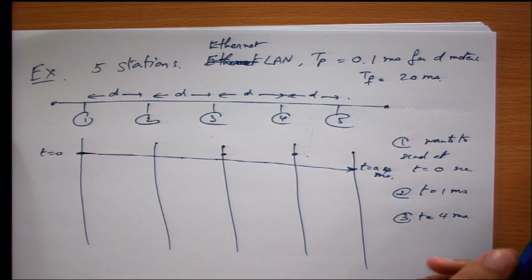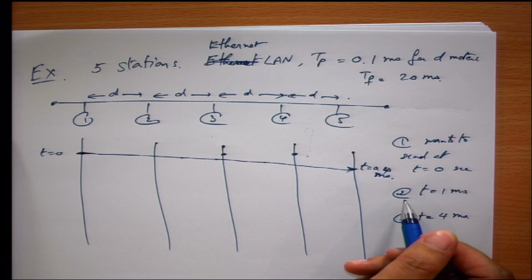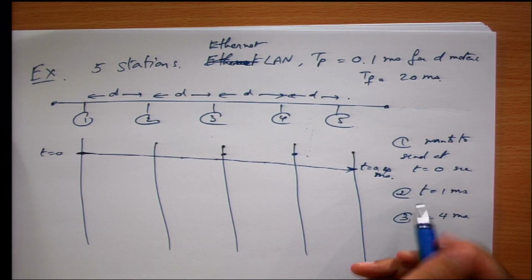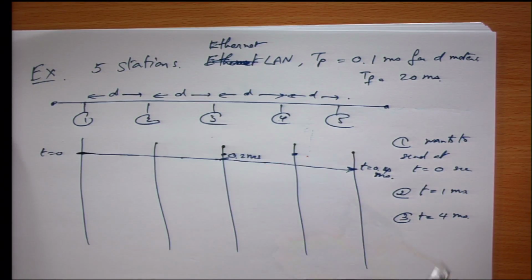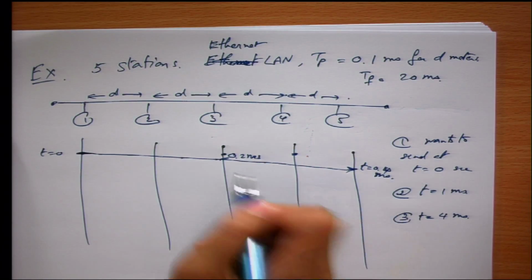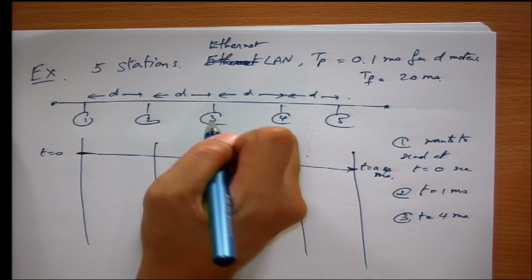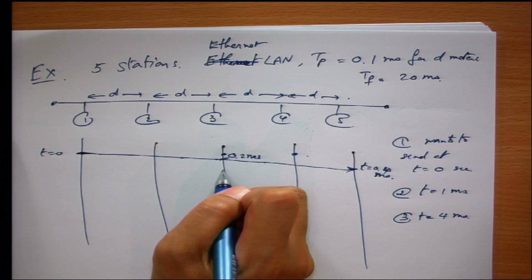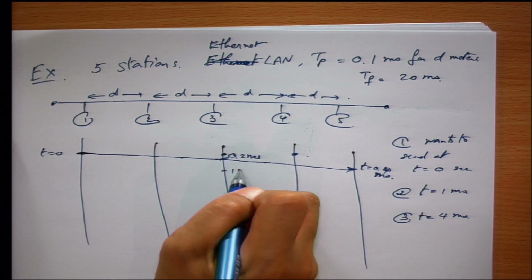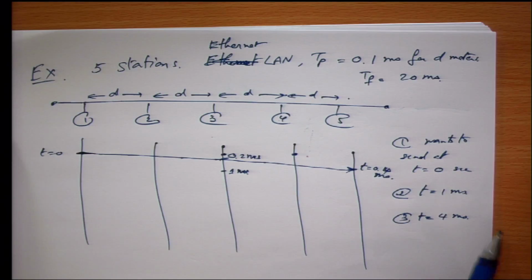The frame from station 1 arrives at station 2 at 0.2 millisecond. So station 2 wants to send at 1 millisecond, it comes and listens to the channel. Someone is transmitting, so it will not transmit.